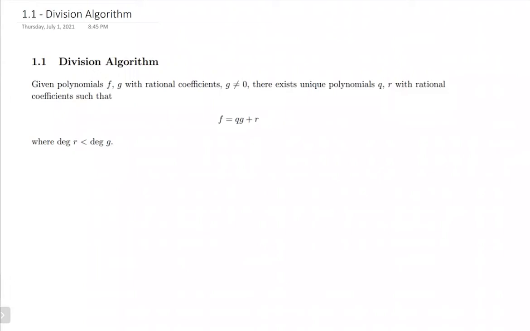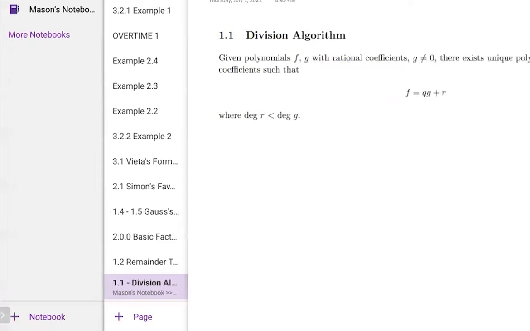Now, this theorem is just saying you can divide one function by another, and the remainder will have a degree less than whatever you're dividing by. It's a rather basic theorem, but it's just quantified here, put into math terms, so to speak.